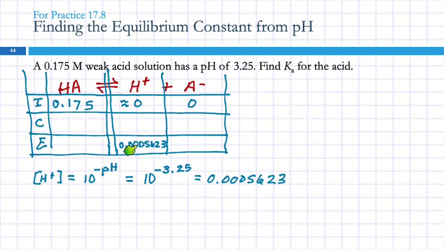Well, it had to increase by that amount, right? 0.0005623. Well, if this increased by that amount, how much did A minus increase by? The same. And 0 plus that number is the same. How much did HA decrease by? This number, right?